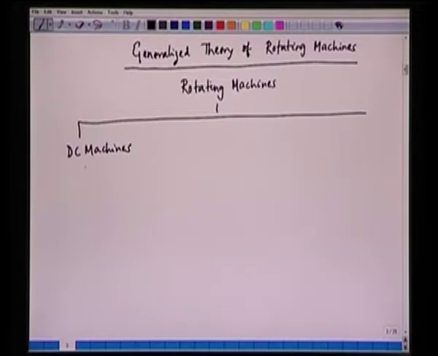We have DC series machine, and then we have DC shunt machines, which also have their own application, and then we have compound machines where both series and shunt windings are present. All right. So these series, shunt, and compound machines have their own applications. So these are three types of DC machines we have.